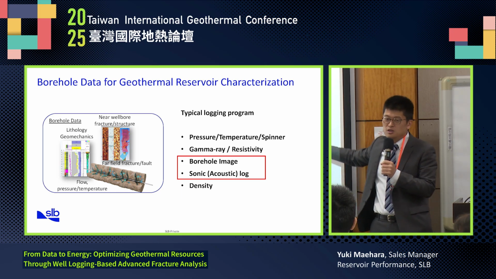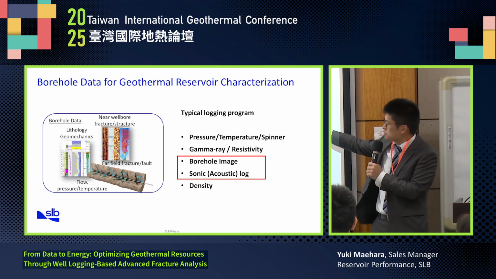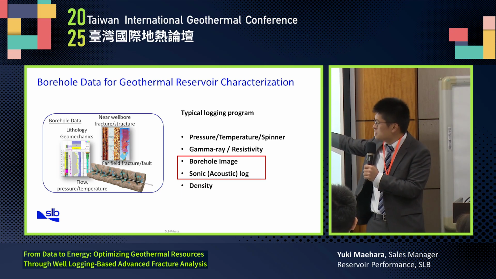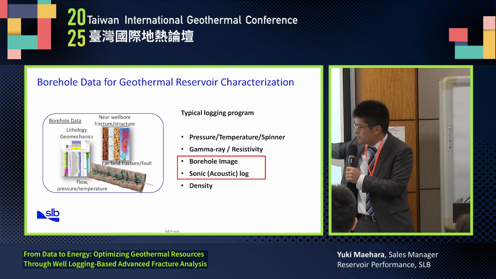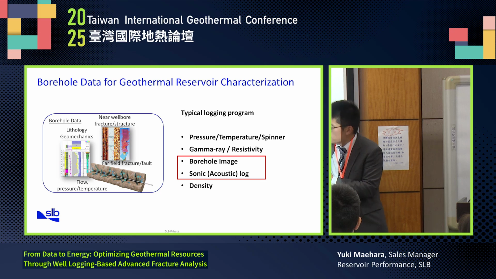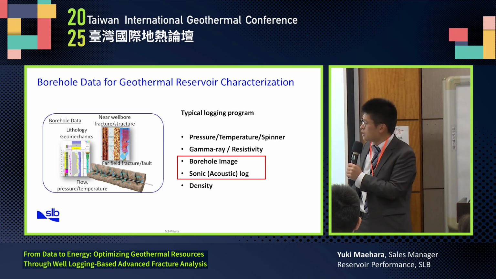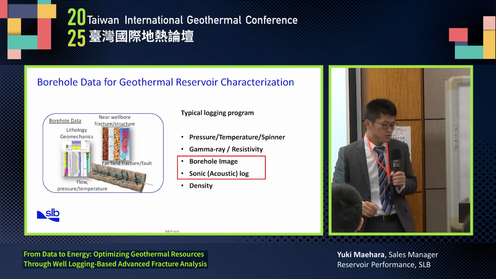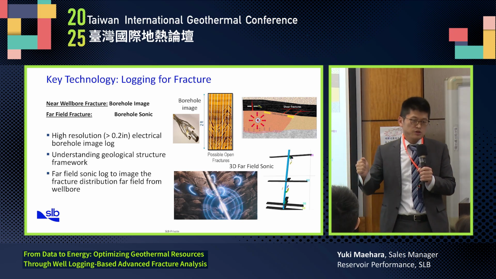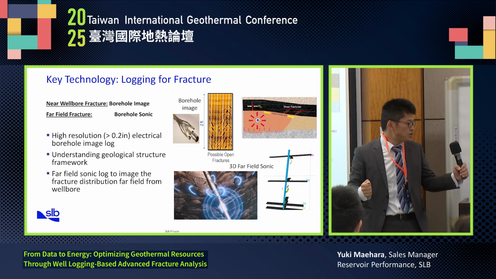And gamma ray and resistivity, which are crucial for depth control. And borehole image log, sonic log data, and density. These are more for fracture understanding and resource evaluation. So how does the logging measurement work? I pass to Chin.